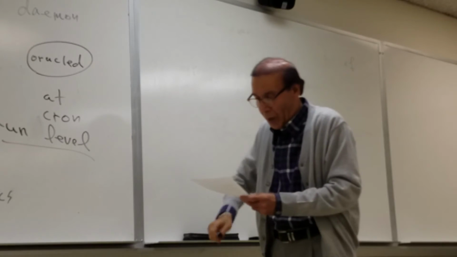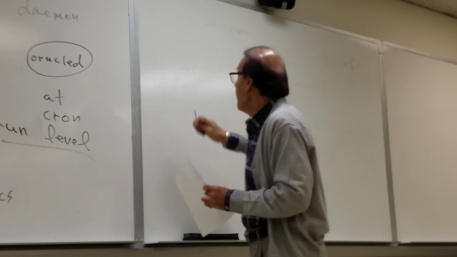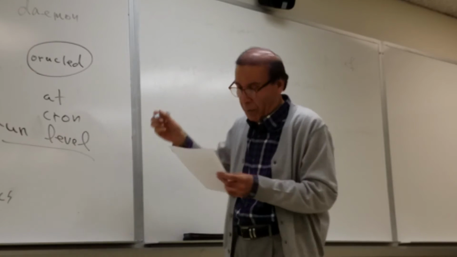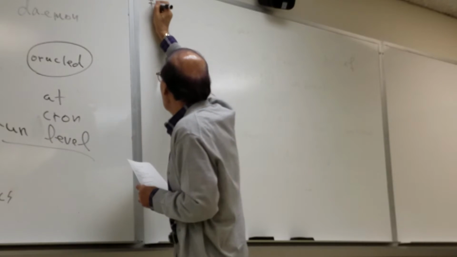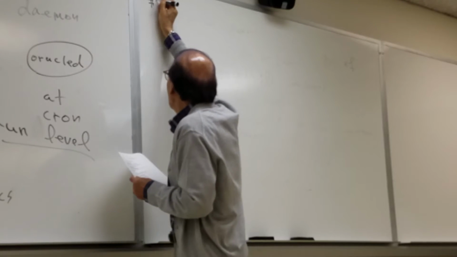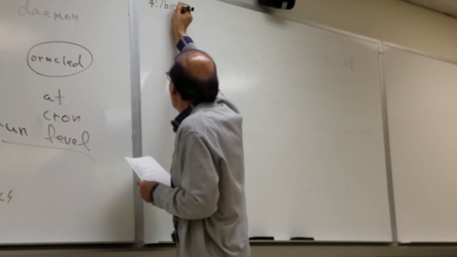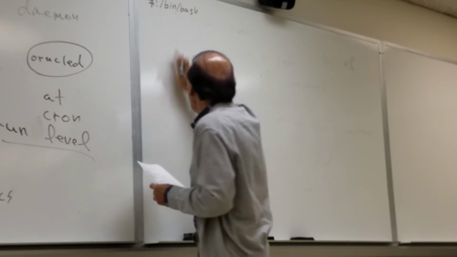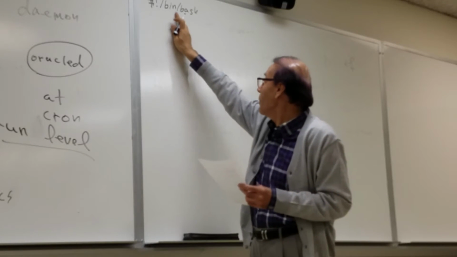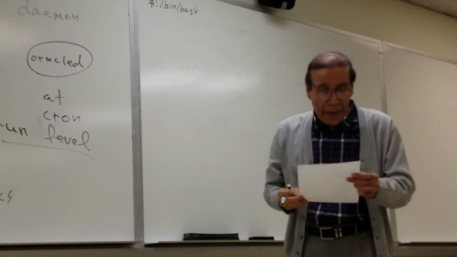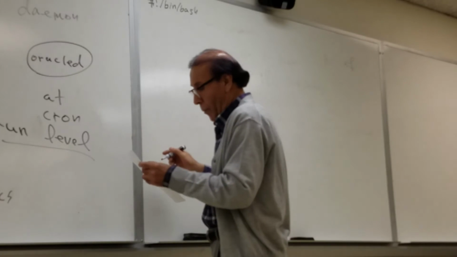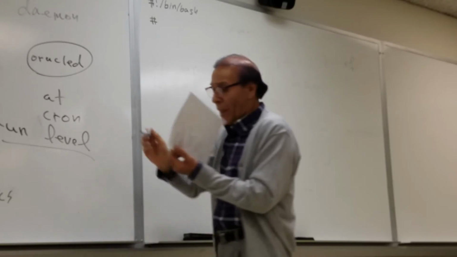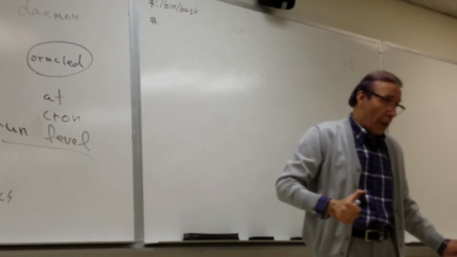Now, because we need to write a bash script, or Korn shell script, we're going to use bash script. /bin/bash, right? The first line. Okay. Now, normally, all of the daemons are like that.